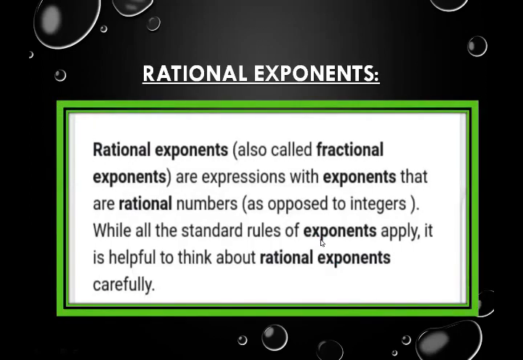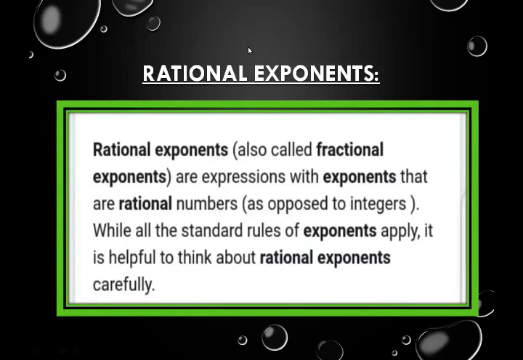Very first, what are rational exponents? Rational exponents are also called fractional exponents. By using this term, it is easy to understand what we are using for the rational exponents. These are expressions with exponents that are rational numbers. What are rational numbers? We have already discussed that those numbers which can be written in the form of a fraction.